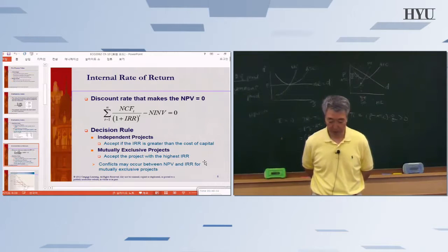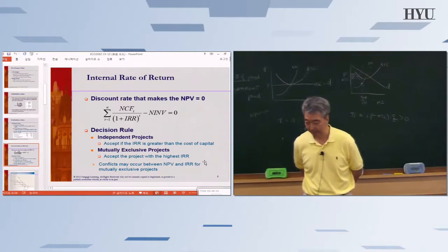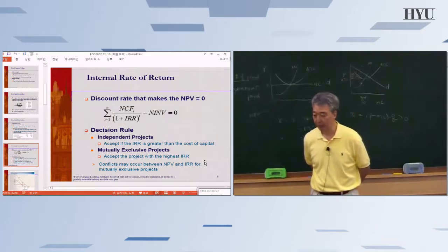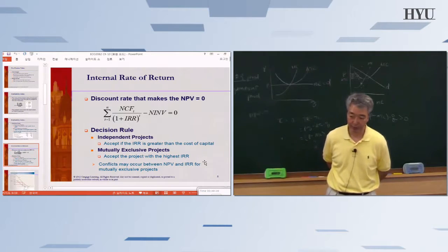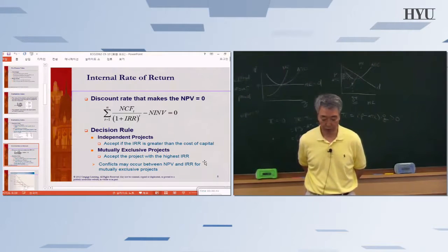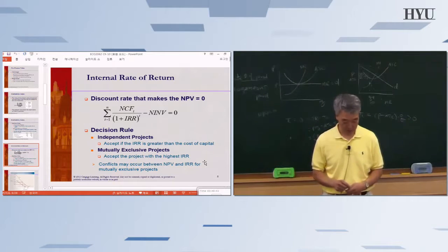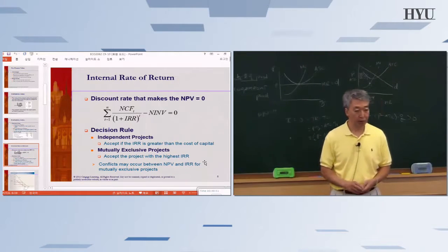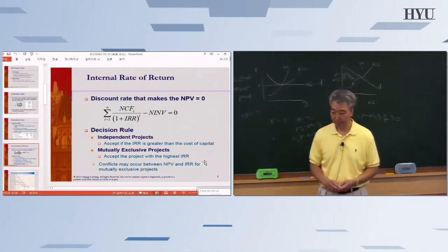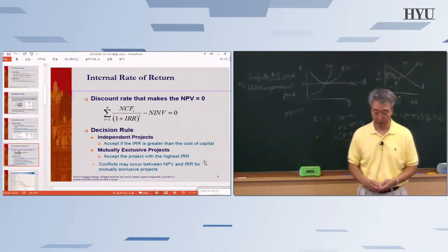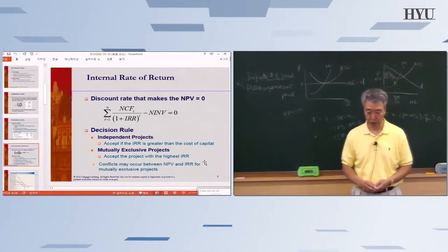If you read the chapter, they did a survey of hundreds of managers in companies, asking which method they use. You see the NPV and the IRR methods are about equally popular, but NPV is slightly more frequently used.